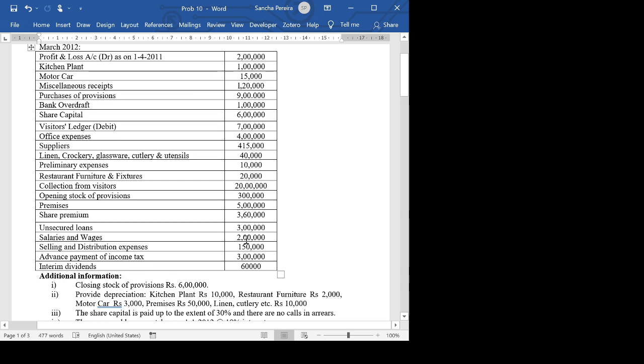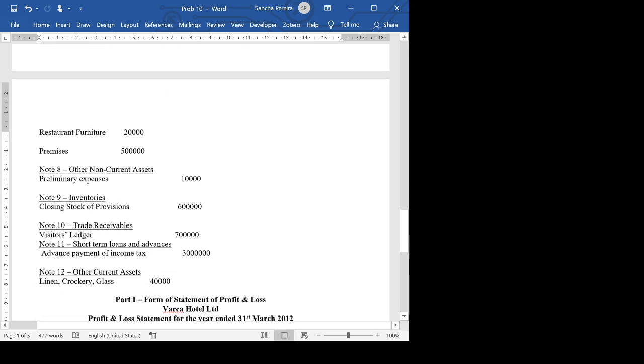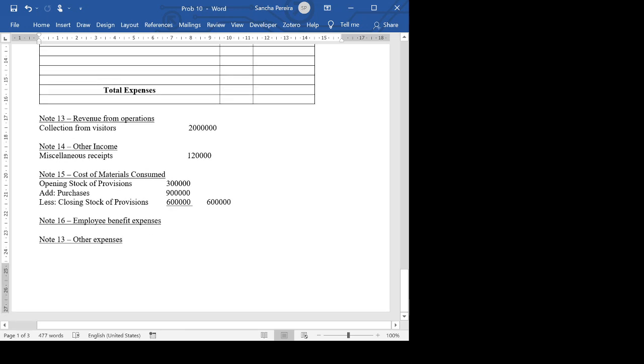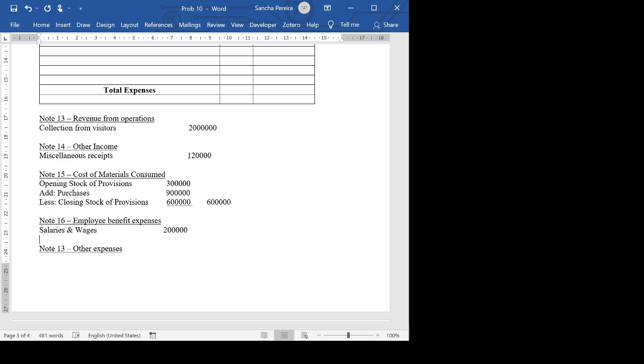That's the only thing that can come here. Salaries and wages, 2 lakhs. Employee benefit expenses. Then we have finance costs, note 17.